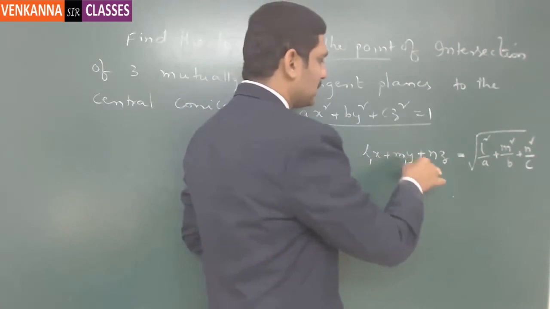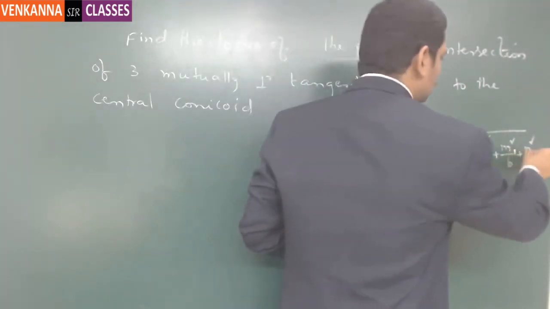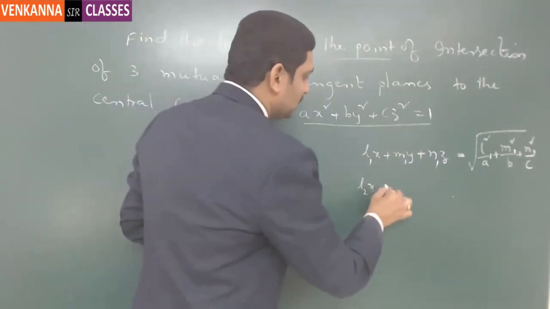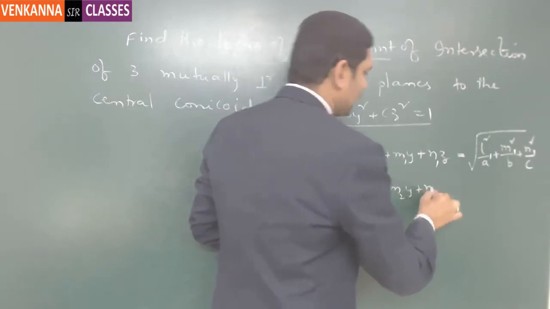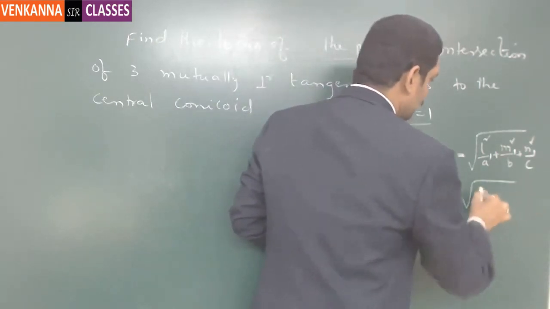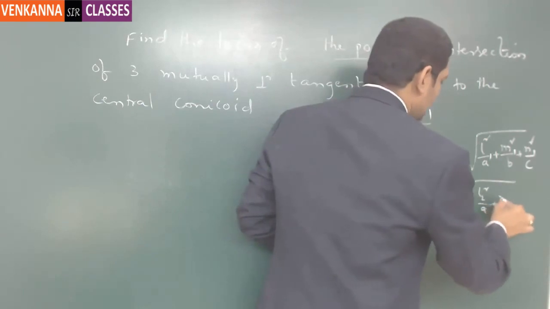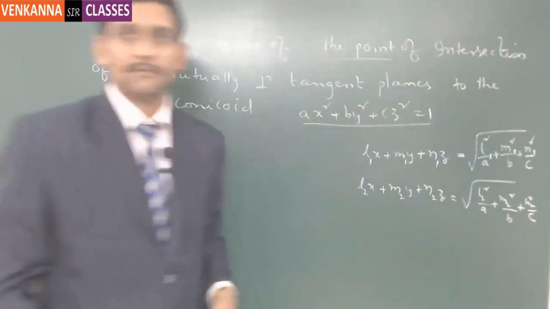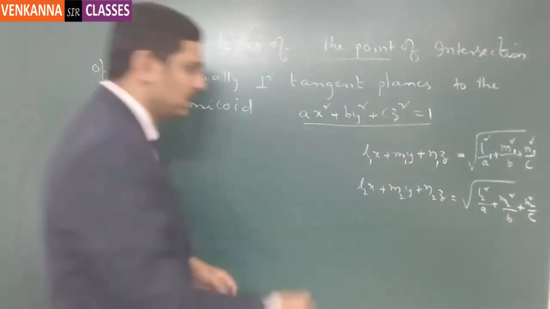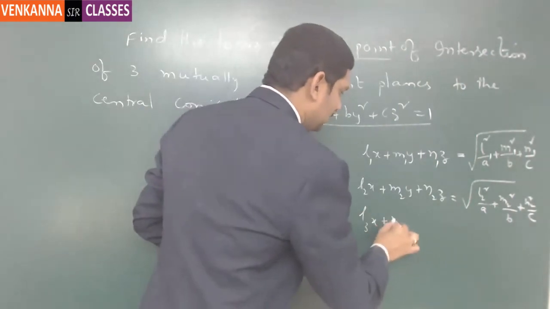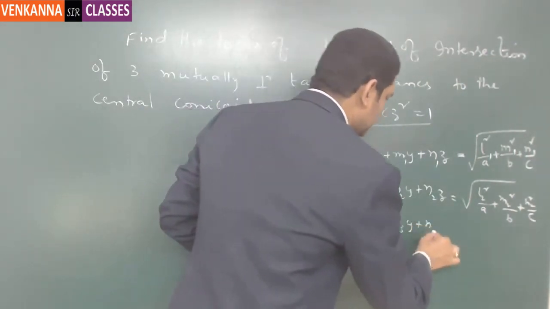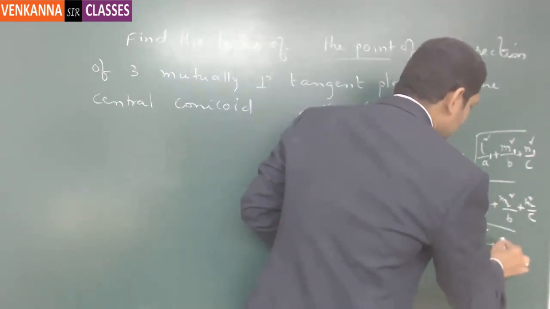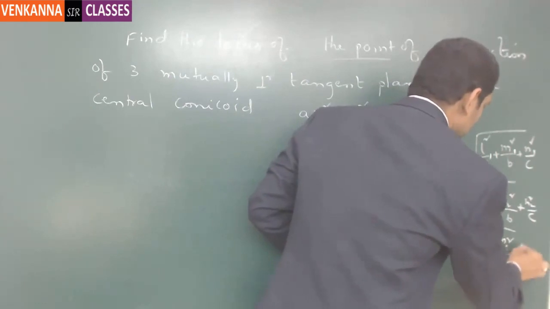L1x plus M1y plus N1z is equal to the square root of L1 square by A plus M1 square by B plus N1 square by C, this is one tangent plane. The second one will be L2x plus M2y plus N2z is equal to square root of L2 square by A plus M2 square by B plus N2 square by C. And the third tangent plane: L3x plus M3y plus N3z equal to square root of L3 square by A plus M3 square by B plus N3 square by C.